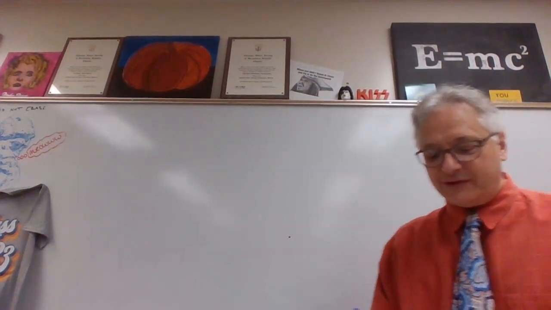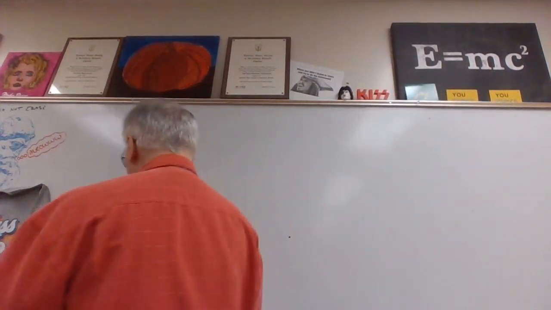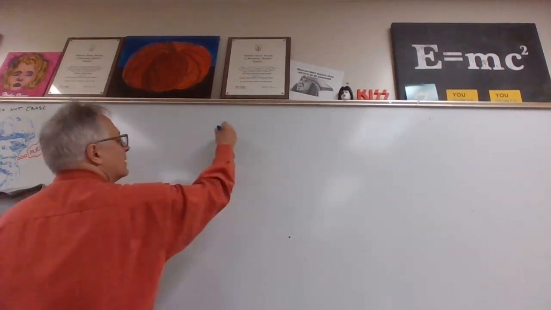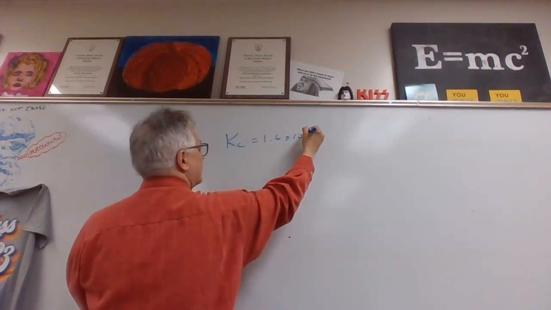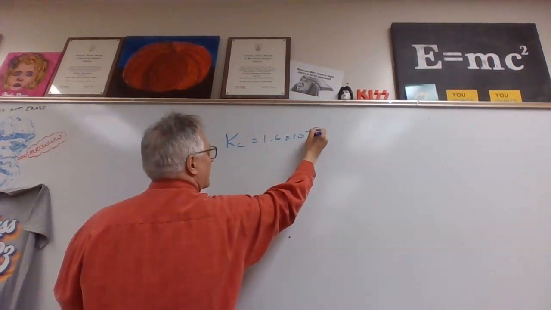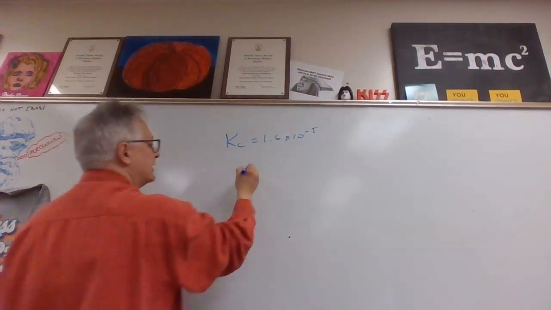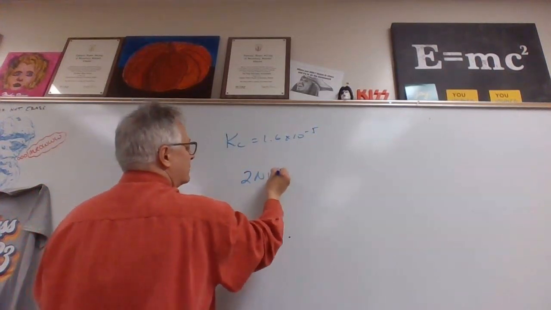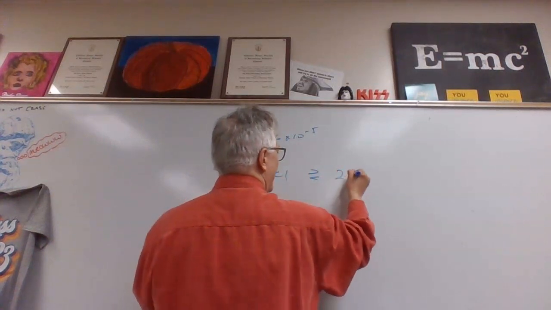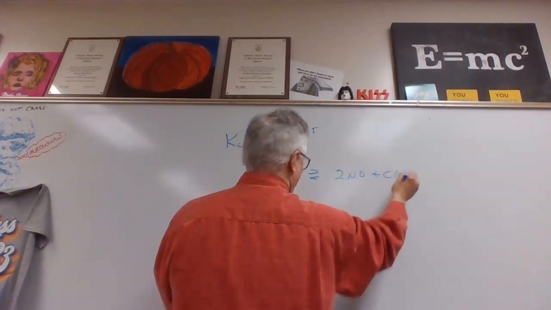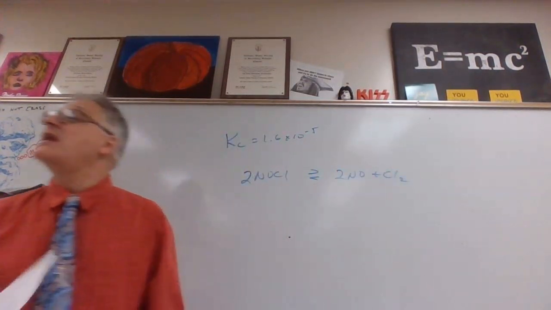Okay, at 35 degrees C, the value of Kc is 1.6 times 10 to the negative 5. So the reaction we have here is 2 NOCl in equilibrium with 2 NO plus Cl2. This is an ICE chart problem, by the way.